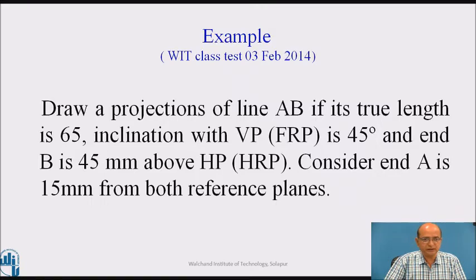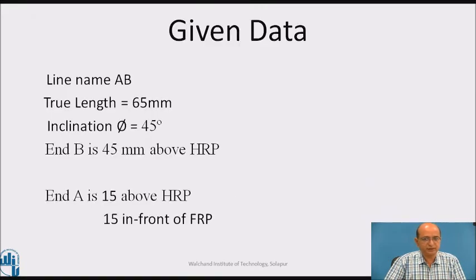So here if we consider the given data, as written in the question, the line name is AB, true length is 65 millimeter, true inclination with vertical plane or FRP is 45 degrees, and end B is 45 millimeter above HRP, and A end for starting the point is given at distance 15 millimeter above HRP and 15 millimeter in front of FRP.